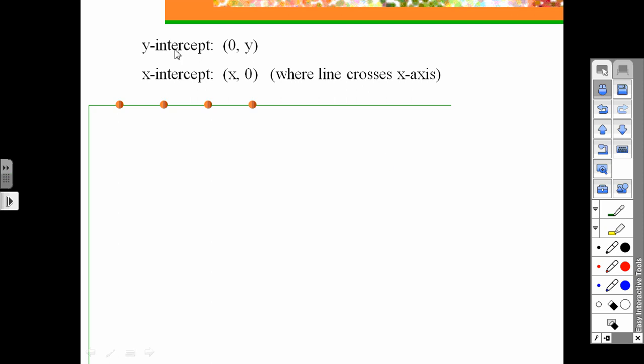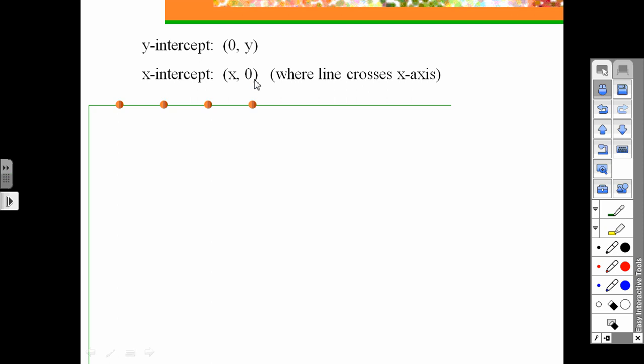So for the y-intercept, that means the x-coordinate has to be 0. So if you plugged in 0 for x and solved for y, you get the y-intercept. And likewise, the x-intercept is going to be where y is 0. So if you plugged in 0 for y into your equation and solved for x, you're going to get the x-intercept. So if you can get these 2 points fairly easily, you can plot them, connect the dots, and you get your line.